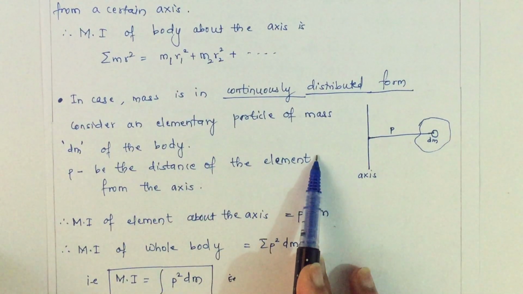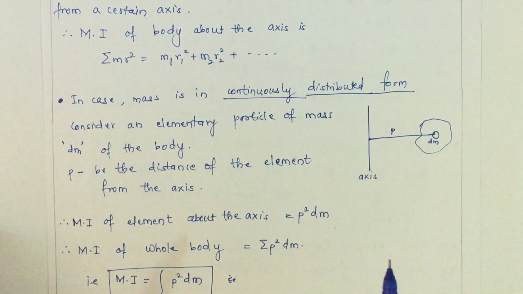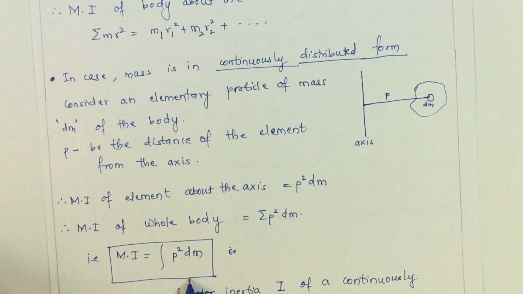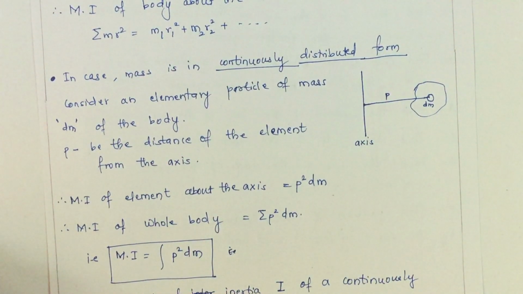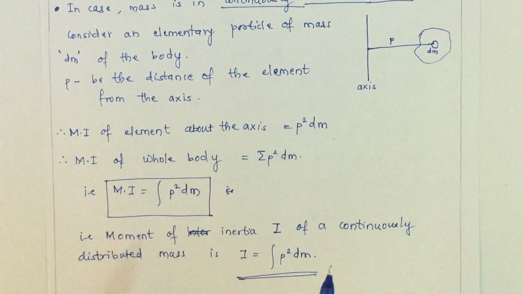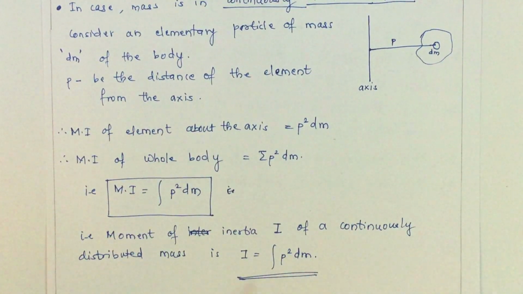But since it is a continuous distribution, the summation will be replaced by an integral. We usually denote moment of inertia as I equal to integral p square dm, the moment of inertia for a continuously distributed mass.